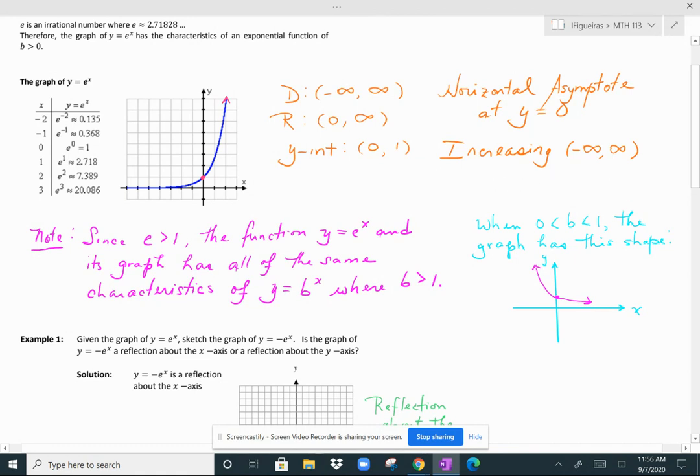So as a reminder, if your base is between 0 and 1, meaning it's positive, but it's a proper fraction, then the graph has all the same characteristics stated above, but the graph would be decreasing. That would be the only difference. It would be going down from left to right.